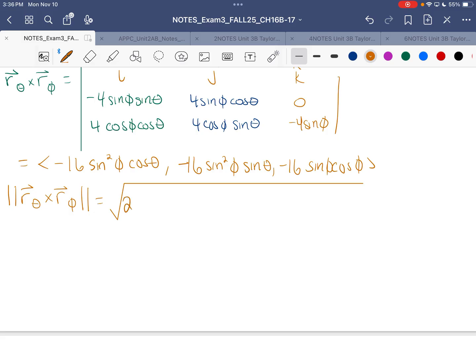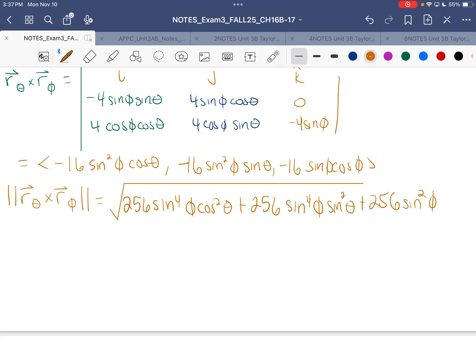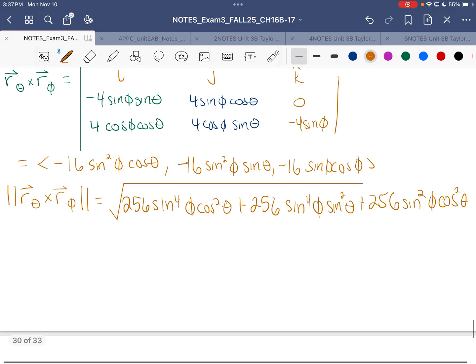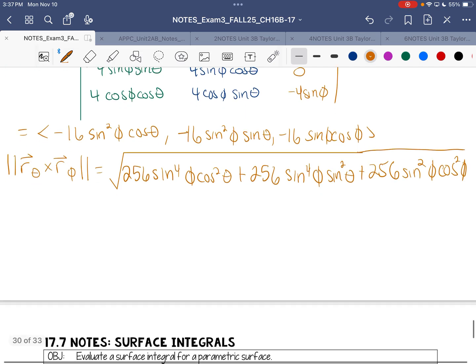So you have 256 sine to the 4th phi cosine squared theta plus 256 sine to the 4th phi sine squared theta plus 256 sine squared phi cosine squared phi. Can we combine any like terms?